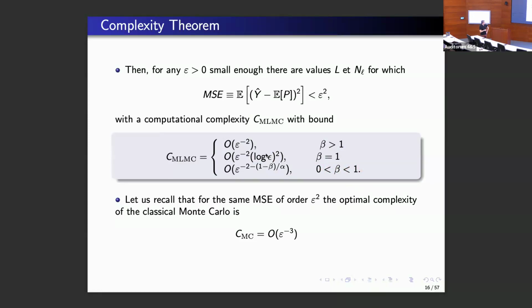And all this, of course, is still better than the Monte Carlo setting, if optimized, because the complexity in this case, if you want to achieve such a mean square error, the optimal Monte Carlo complexity is of order epsilon^-3. So the multi-level still beats the Monte Carlo.